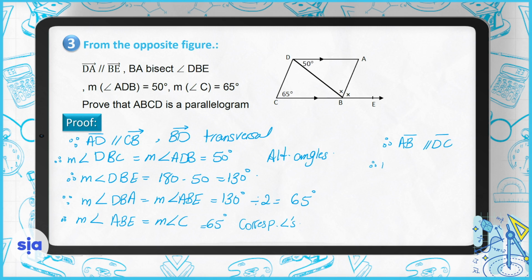Therefore, ABCD has each two opposite sides parallel, therefore ABCD is a parallelogram.